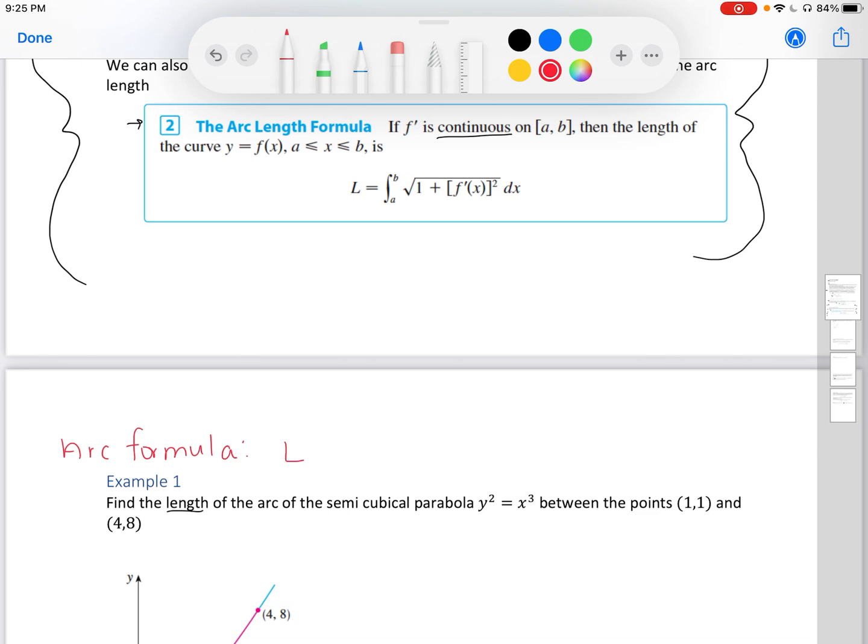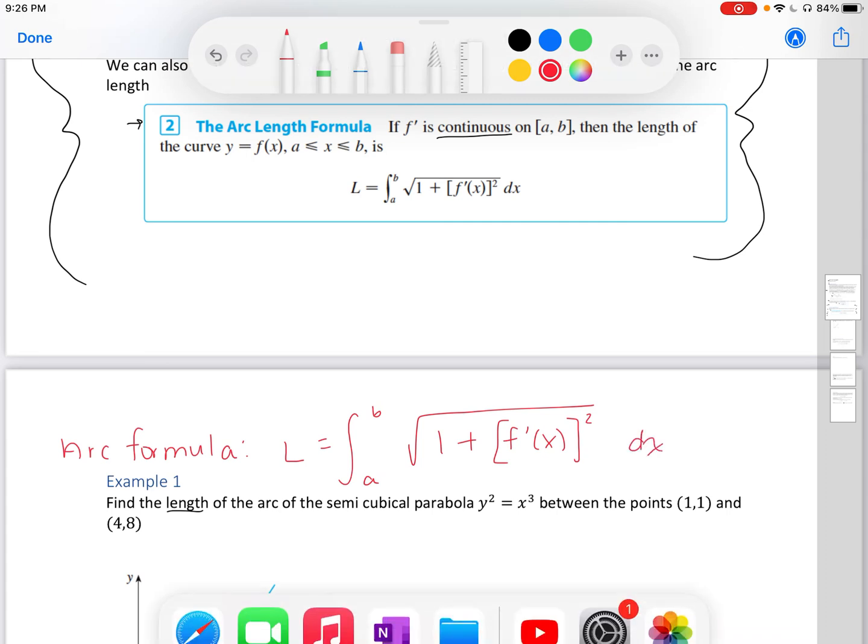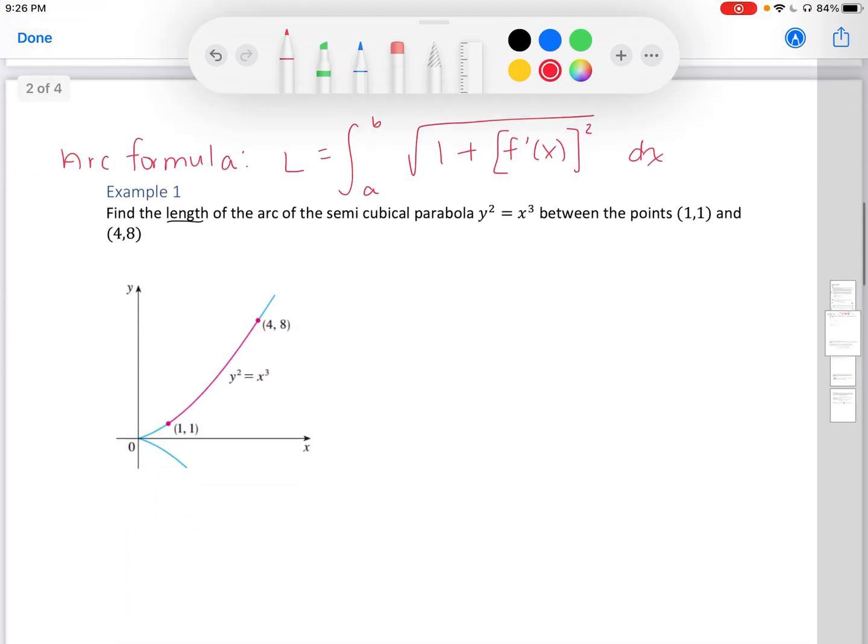Our arc formula has our limits, our high and our low point, of the square root of 1 plus our derivative squared dx. Okay, and we'll just write it down so you can have it handy.